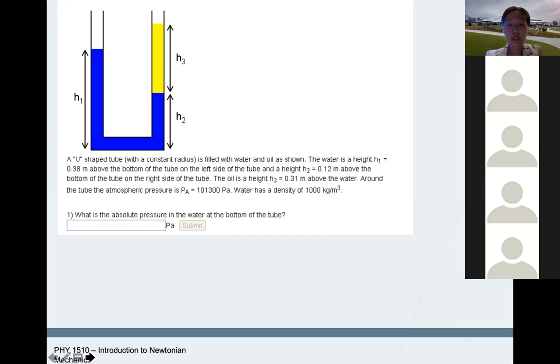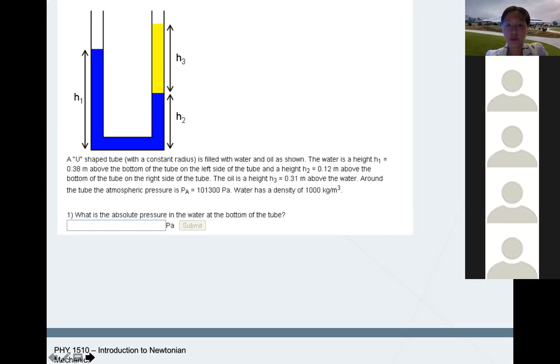So it reaches a static equilibrium like the picture shown here. You have a height H1, 33 centimeters, on the left-hand side, and on the right-hand side, you have some water, H2, 12 centimeters. On top of that, you have another H3, 31 centimeters of oil.